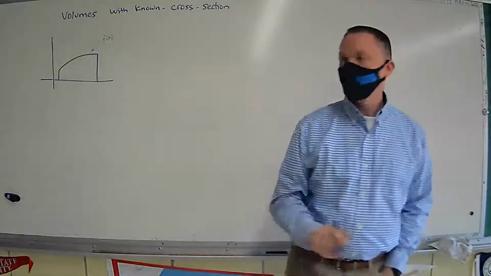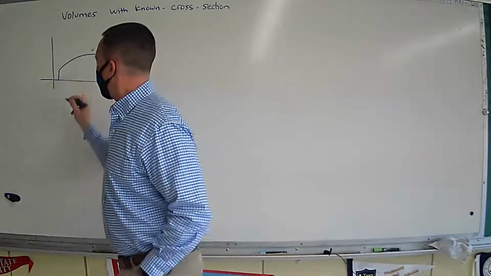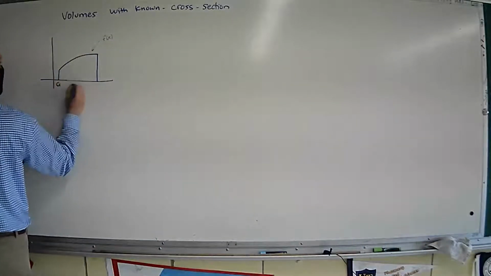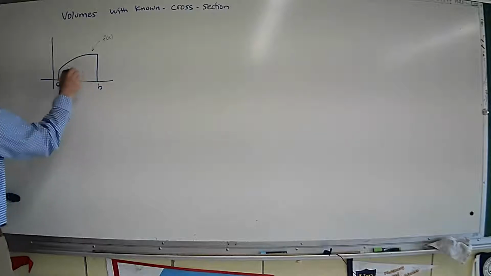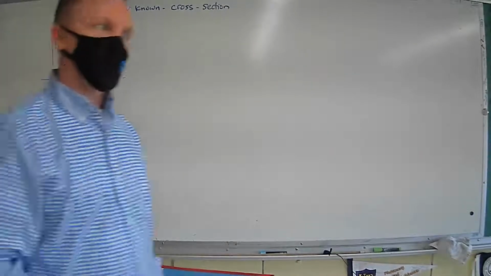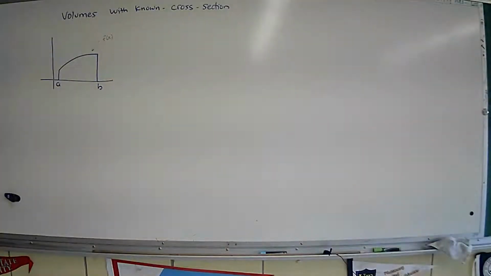And I'm going to say this is x equals a, and this is x equals b. And so that's the region that we're going to talk about. So before, what we were doing is we were taking that region and spinning it around an axis. Right? And when we spin, that creates circular looking things, right? They were either washers or discs or donuts or one of those things, right?